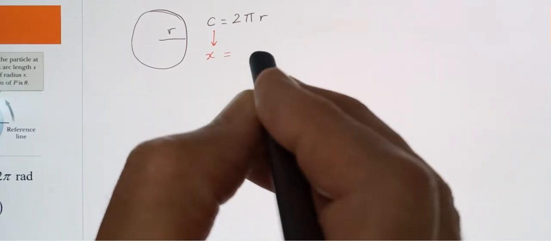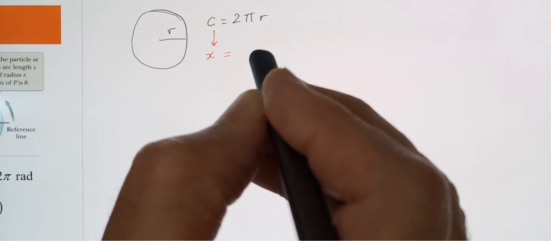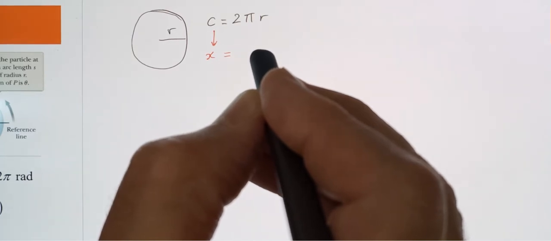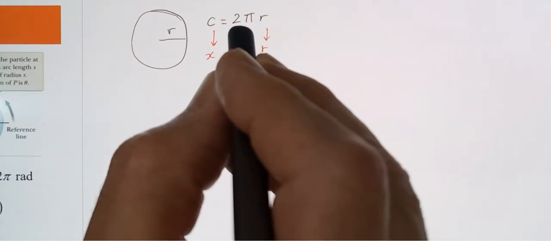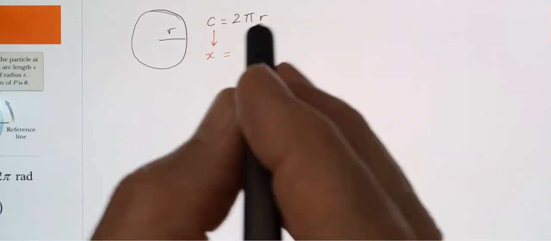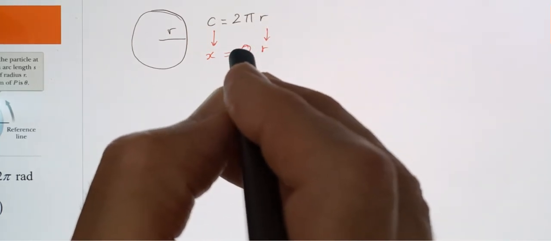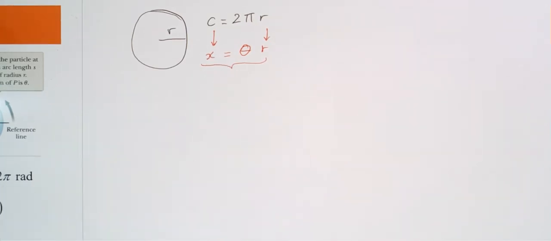And r is also a distance, the radius of the circle. And what is 2 pi? 2 pi is nothing but an angle. And this is the relation that will explain a lot of equations or a lot of slides in this chapter.